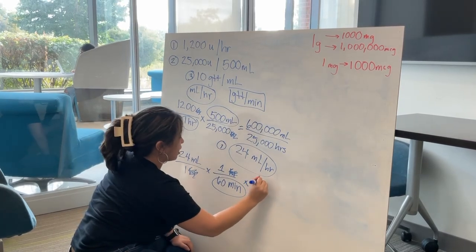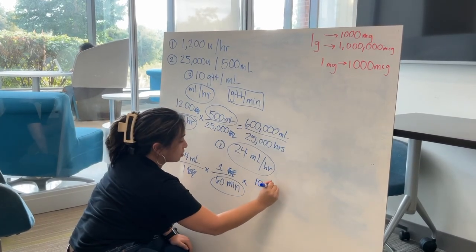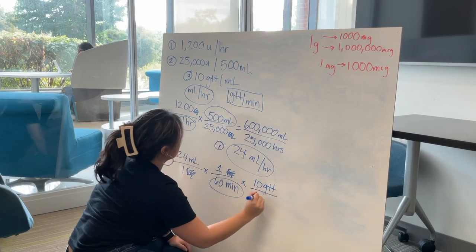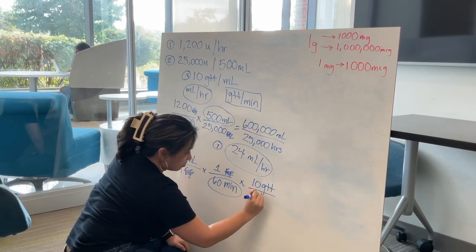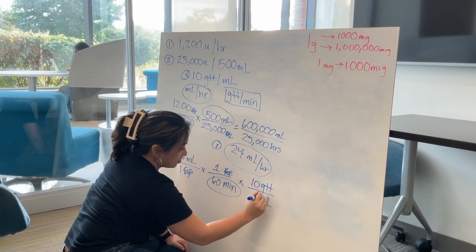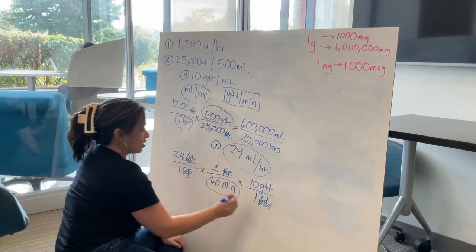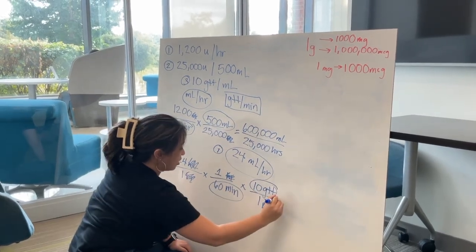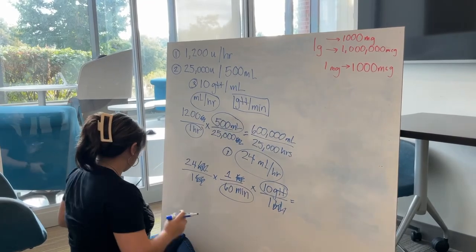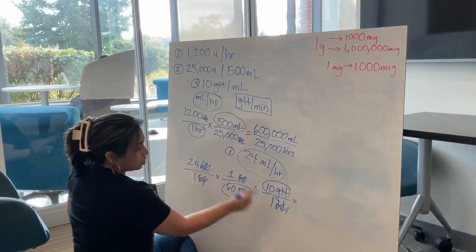So that's 10 drops per milliliter. Yeah, that's great. Cross out this. And what do we have? Drops per minute. So with that, we just multiply again.